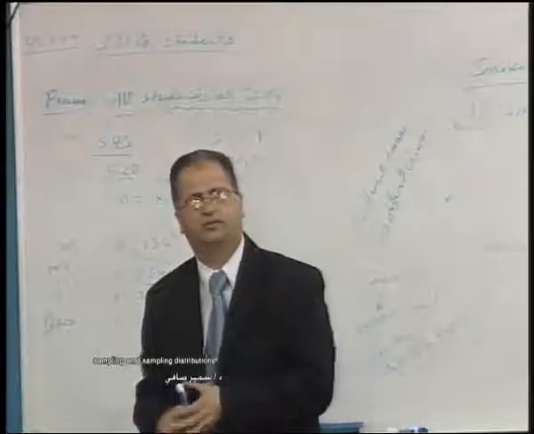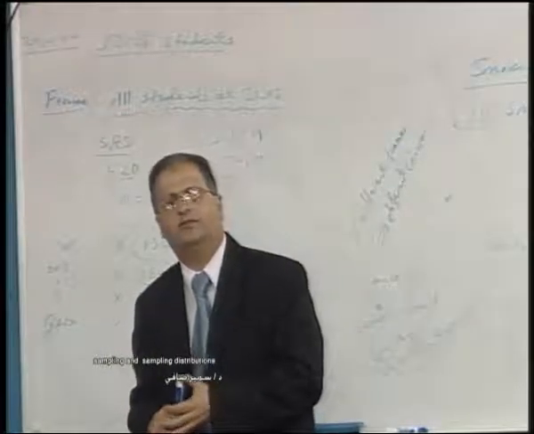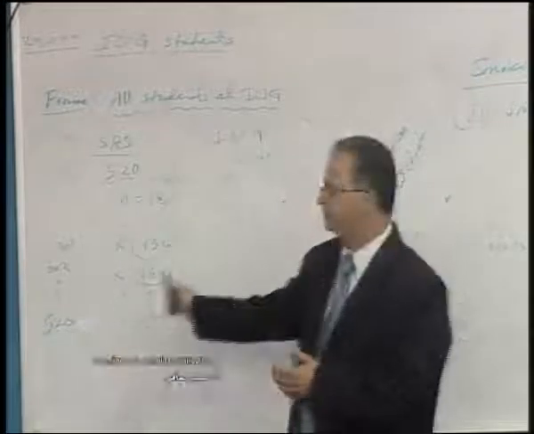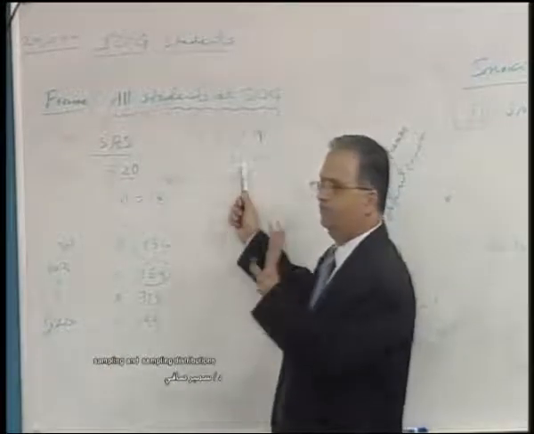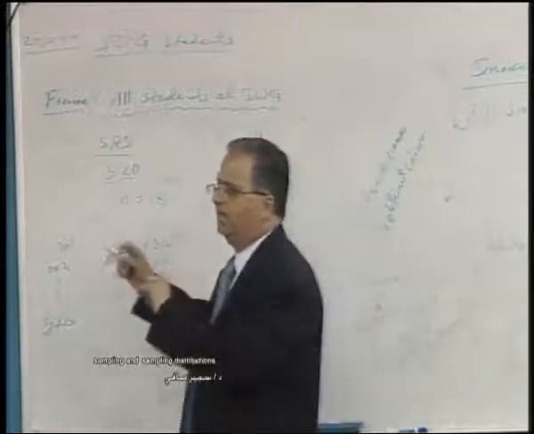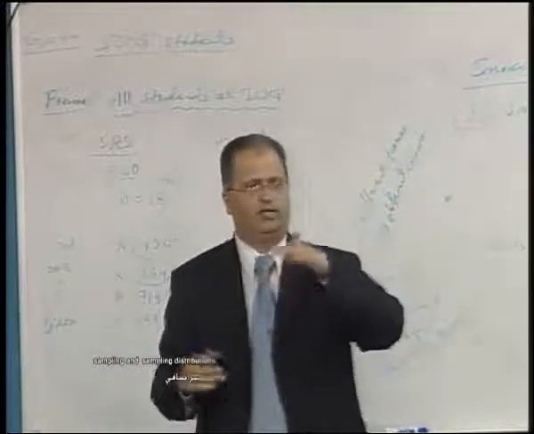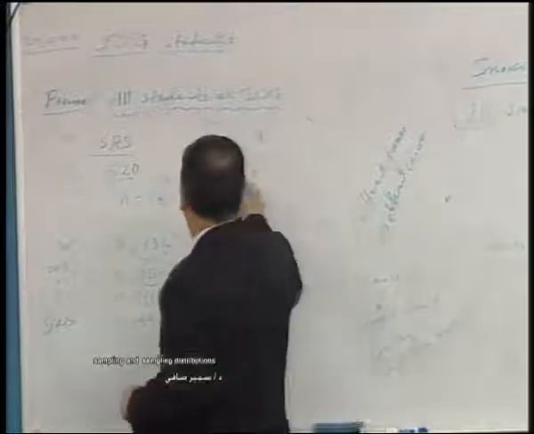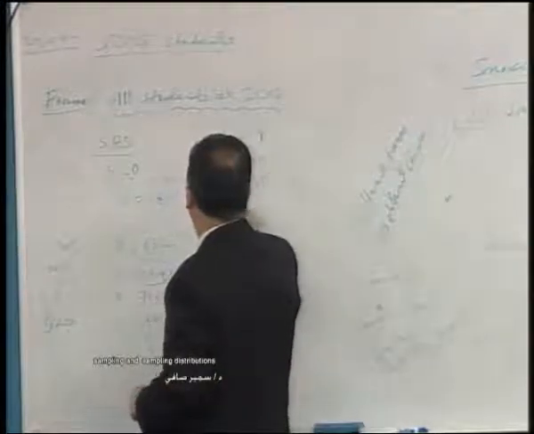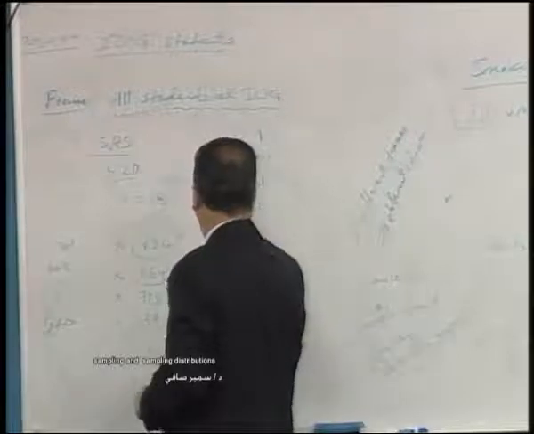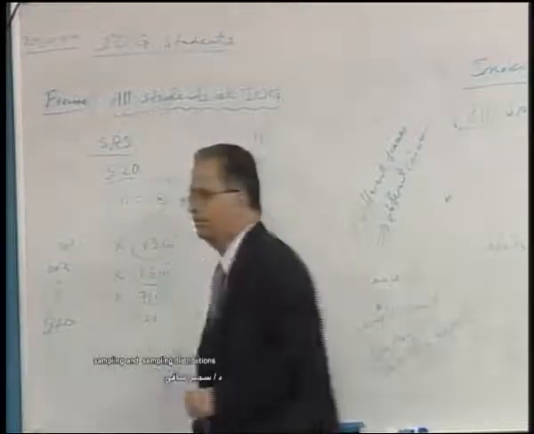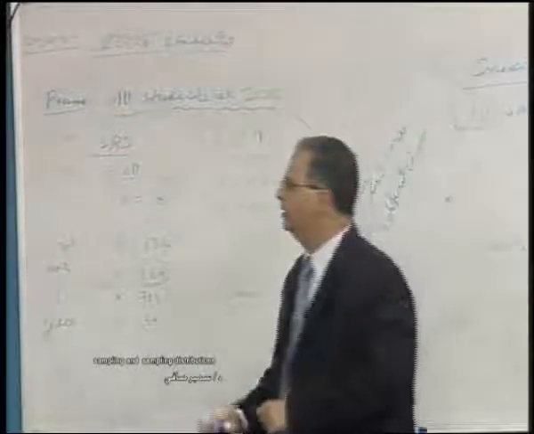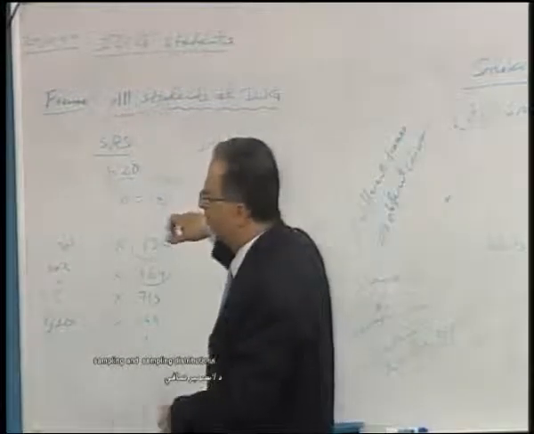How many digits should I use? 5 digits. And each student has an ID starting from the first one up to 20,000. Now start with, for example, the last row.